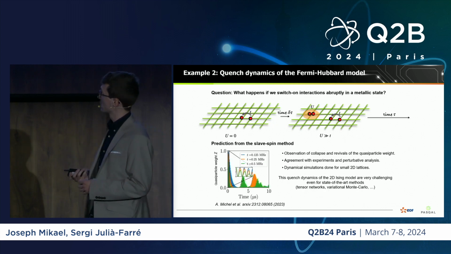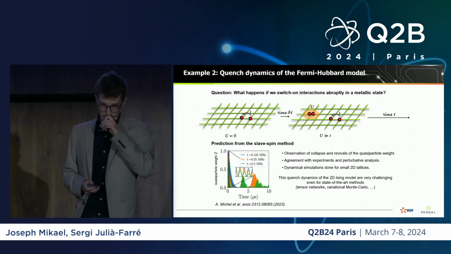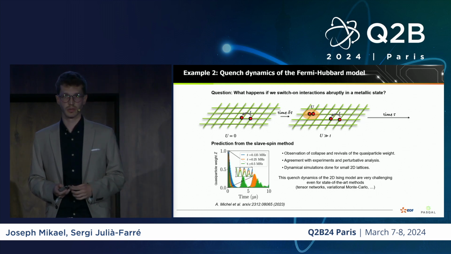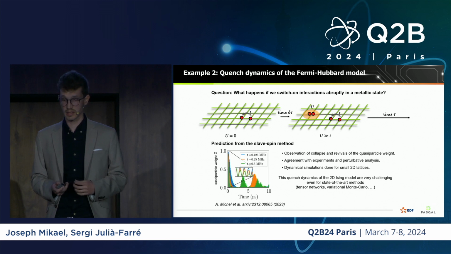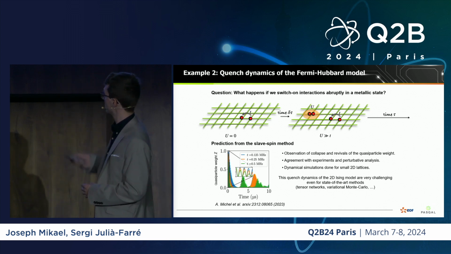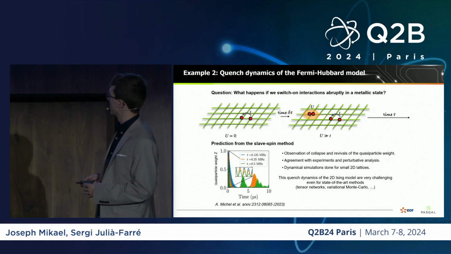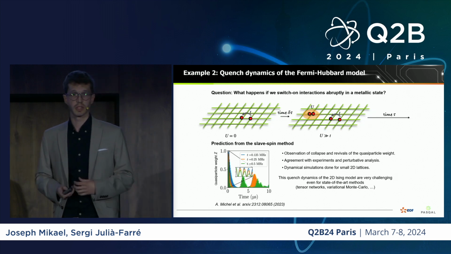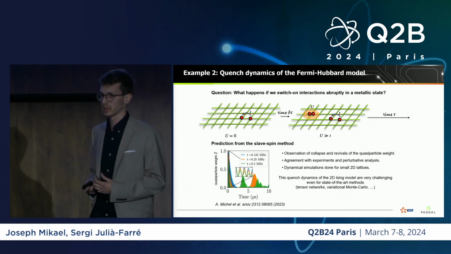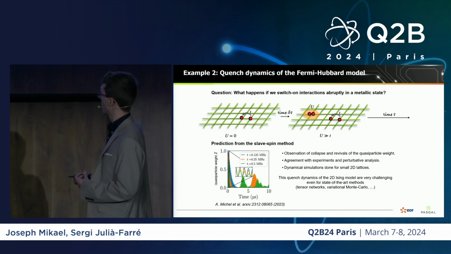In this case, the prediction from the slave spin method is that the quasi-particle weight, so the nature of quasi-particles in the system, will exhibit this characteristic collapse and revivals. And this is very nice because it's a property of the 2D Fermi-Hubbard model that is known qualitatively again, but here we can do it in a more quantitative way.